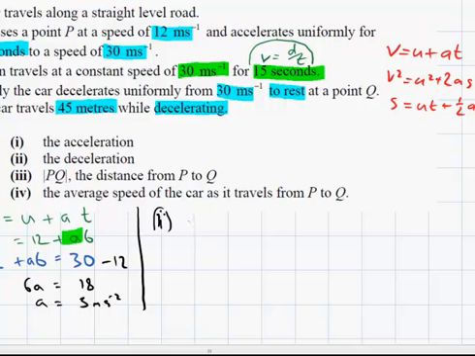We will use v squared is equal to u squared plus 2as. Now v squared is 0. You have to see that when it decelerates to rest, the final velocity is 0, is equal to 30 squared plus 2a, and s in this case is 45 meters.